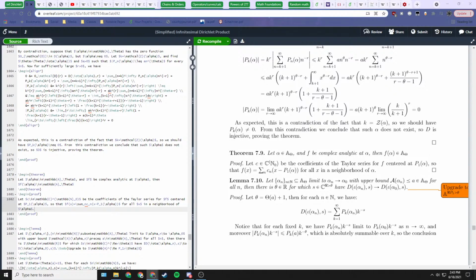Let me see how this is essentially constituted. So I think what we end up doing is we just bound this with a geometric series, essentially.